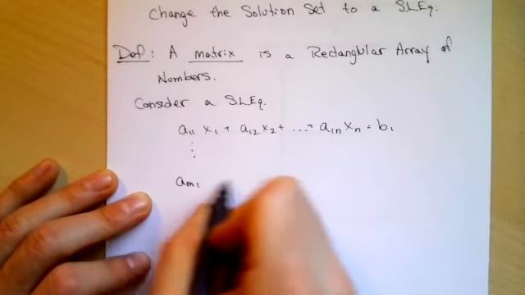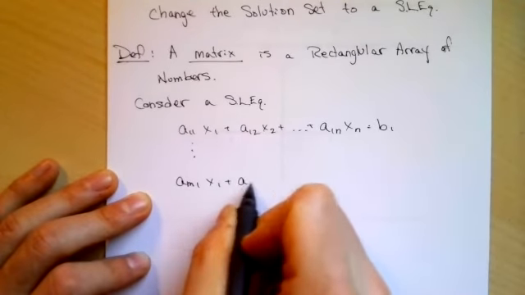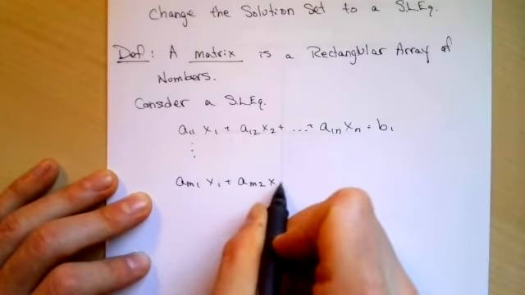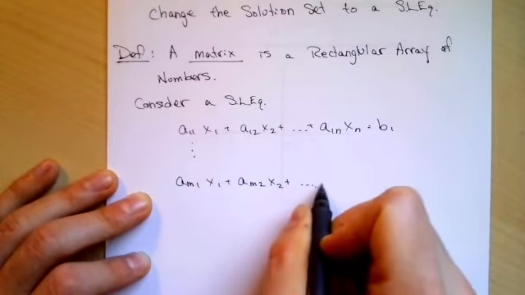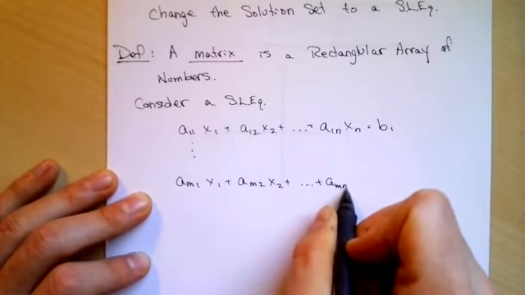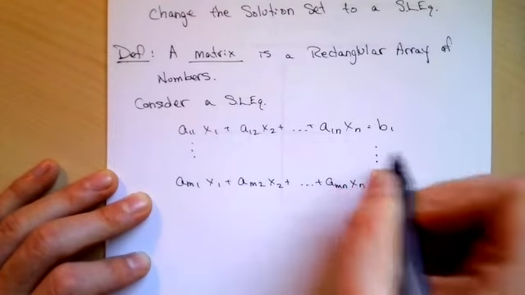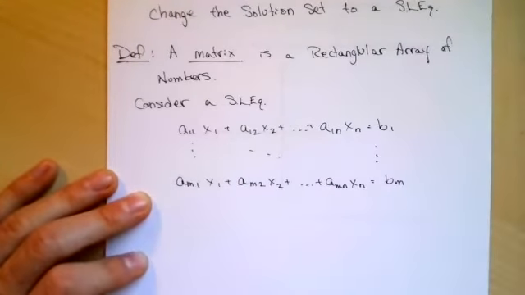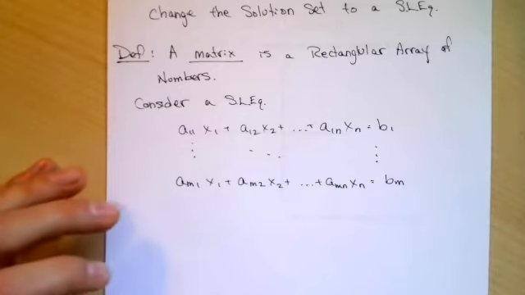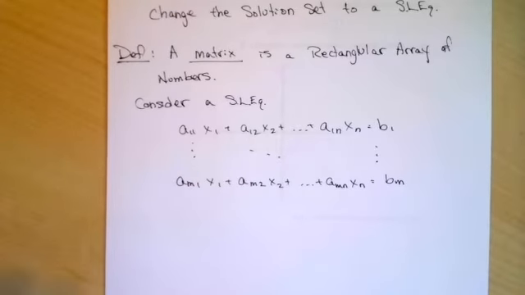All the way down to Am1, x1. Since we have linear equations, the key thing about the word linear is that our independent variables are all of degree 1, right? We don't have any x squareds, we don't have any y squareds, no z squareds.